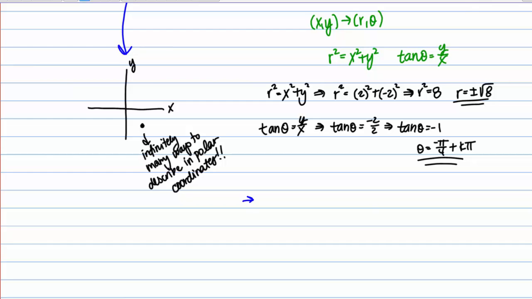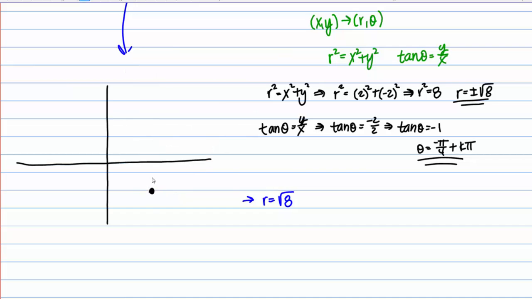Let's first think about describing this point with r equals positive root 8. So keep in mind that my point here is in the fourth quadrant. So let's actually make this picture a little bit bigger. So here is our Cartesian coordinate (2, -2) approximately. So if we want to use this positive r value, then we're going to want to use this angle negative pi over 4.